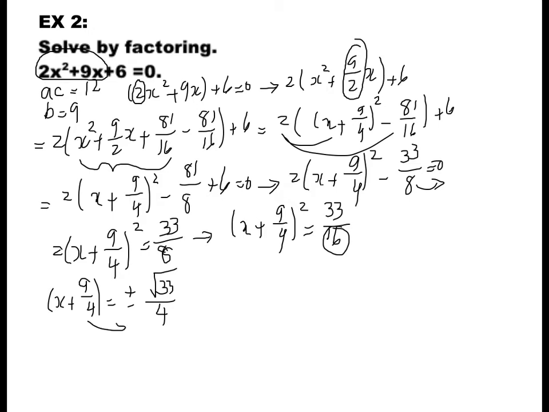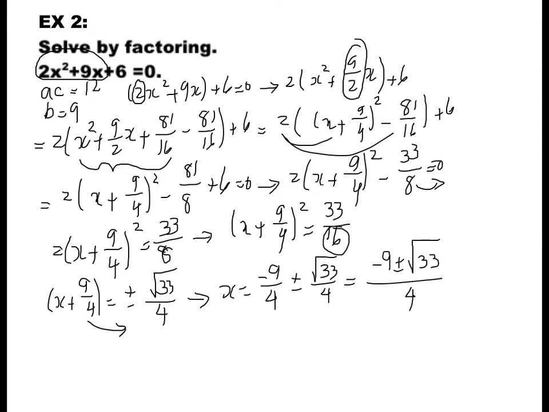Now if I bring 9 over 4 to the right, I get x is negative 9 over 4 plus or minus square root of 33 over 4, which is the same as negative 9 plus or minus square root of 33 over 4, if you take the common denominator of 4. So you can see that there are two x-intercepts, negative 9 plus square root of 33 over 4, or negative 9 minus square root of 33 over 4.